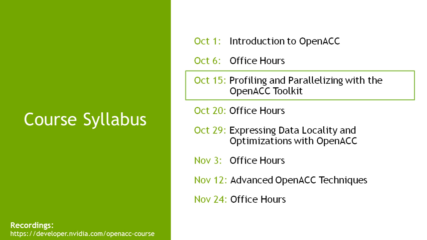Okay, so here's a good question. When managing data movement, does the data region need to go outside of the kernels region? If so, why? The answer is yes. The data movement sits outside of a kernels region. A kernels region is really just saying this is an area of code where we want kernels to run, and the compiler is going to deduce what kernels to put in there. But the data should already be present.